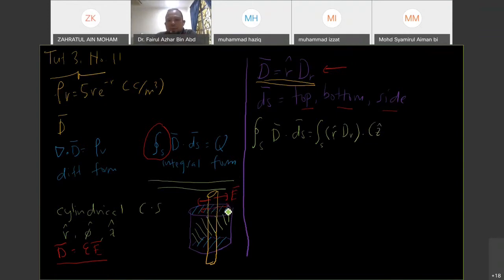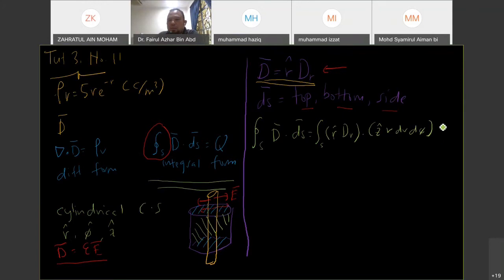So we have z cap here, and because of z, the parameters that we change are in dr and phi. So this is the expression for the top surface.